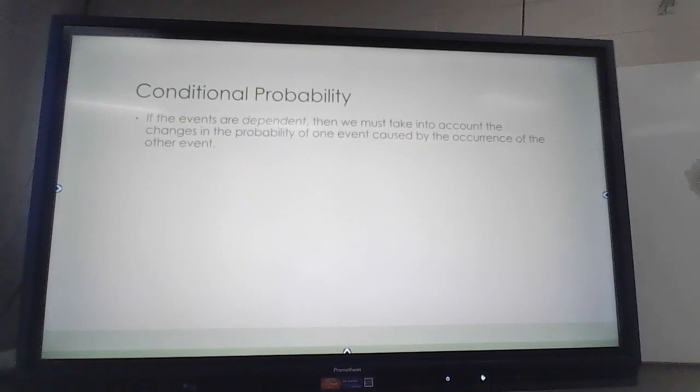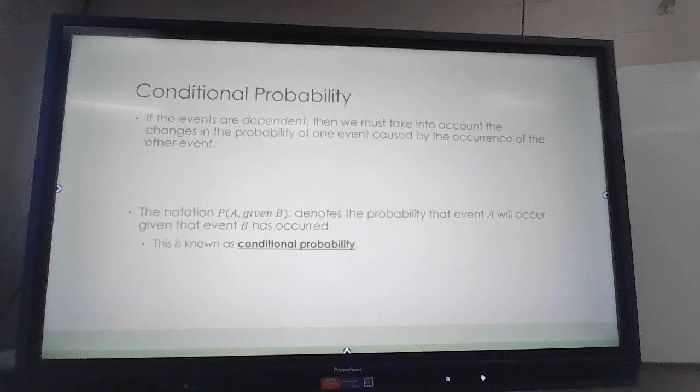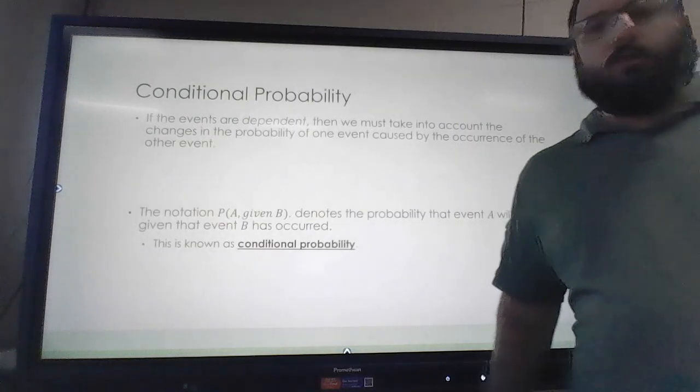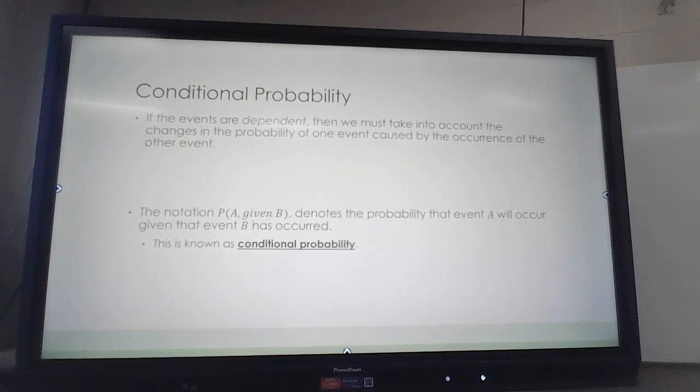And sometimes if the events are dependent, then we have to take into account the changes in the probability of one event caused by the occurrence of the other event. This is known as conditional probability, where we have to calculate the probability of A given that B has already happened.